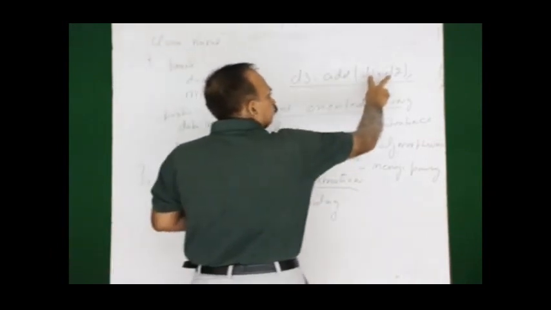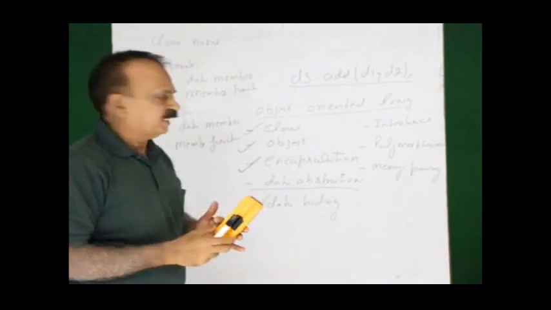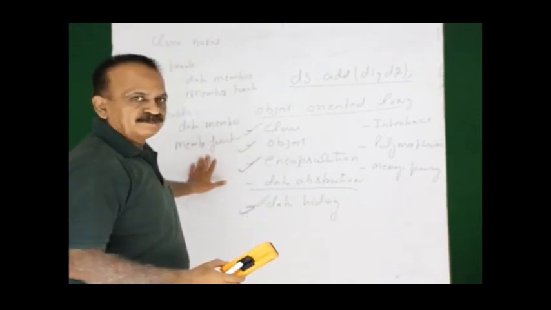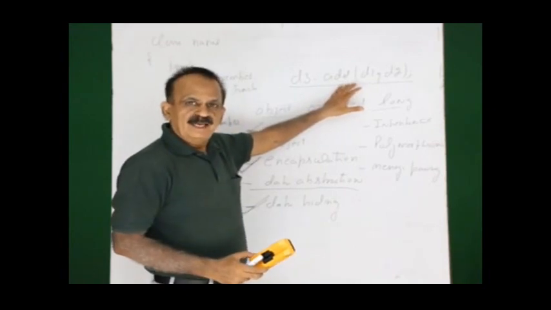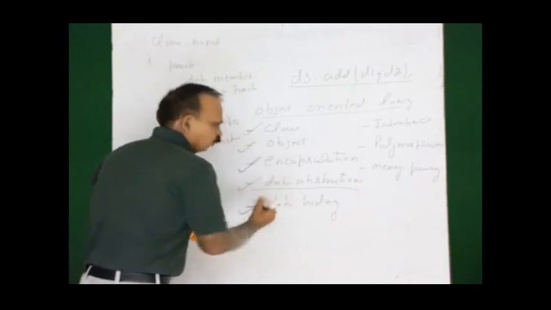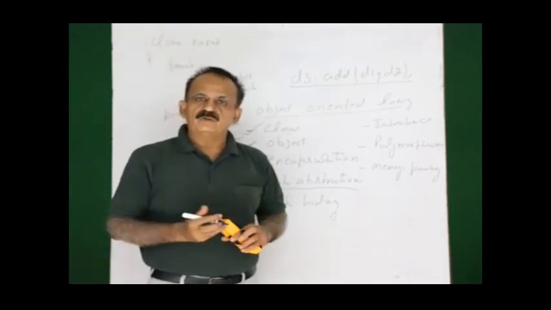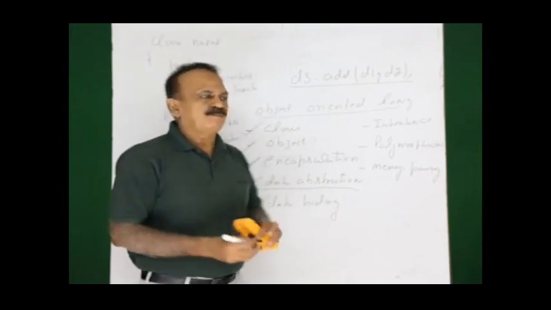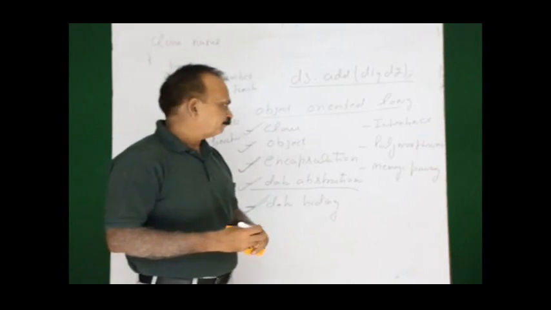This functionality is given within the class, and in the main program we only use this statement. This is known as abstraction. That means we are using this without going into the details of how it is implemented. The implementation part is within the class.